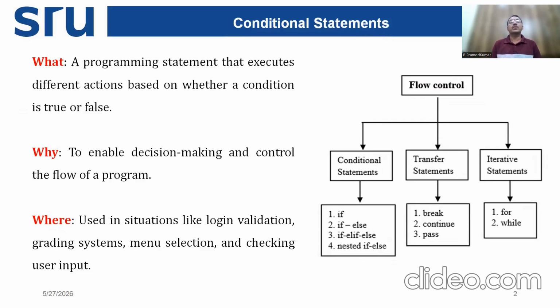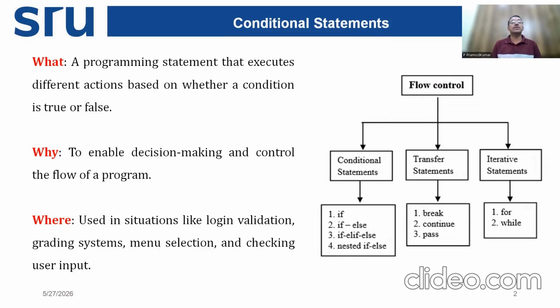Before we get into that, first I would like to clarify what actually a conditional statement is, what its purpose is, and where we use it. Coming to its definition, a conditional statement is a statement that executes different actions based on whether a condition is true or false. The purpose of the conditional statement is to enable decision making and control the flow of program execution.